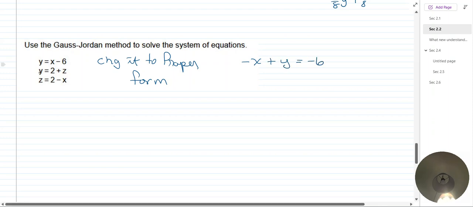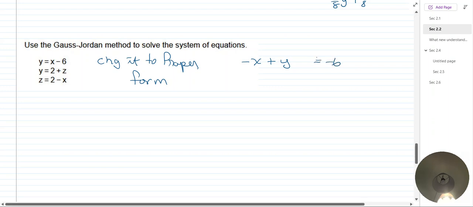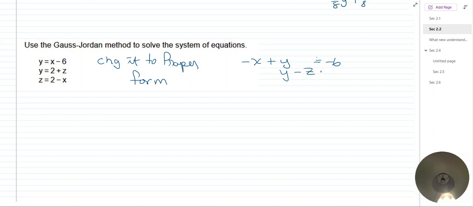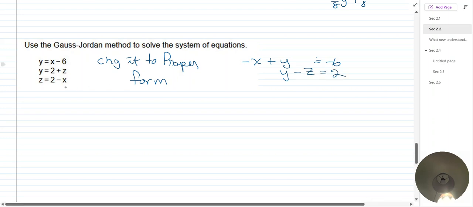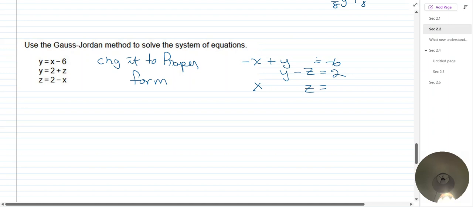I'm going to move the z over. Okay, I have to make room. So I'm going to move the z over. I have y minus z equals 2. And the last one is x plus z equals 2.